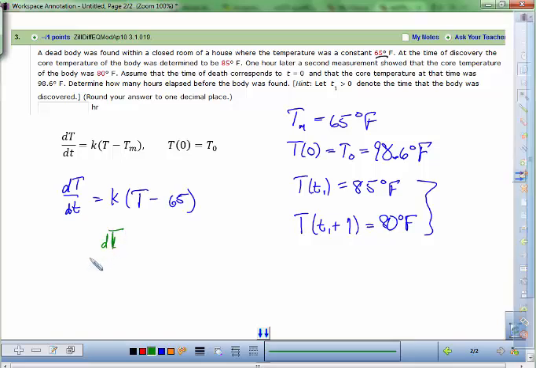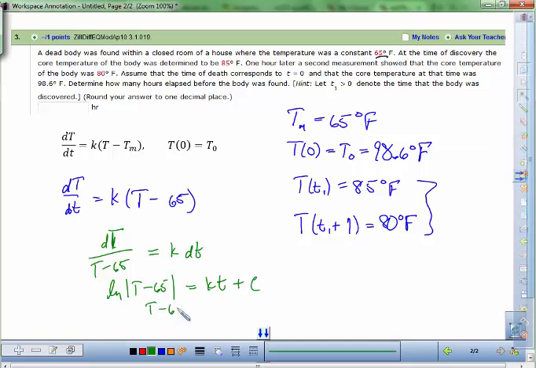dT over T minus 65 is equal to K dt. And then take the integral of both sides. We're going to get an ln of something on one side, is equal to kt plus constant. And then you take the exponential. So yeah, it was just the same thing, like you said, plus 65.